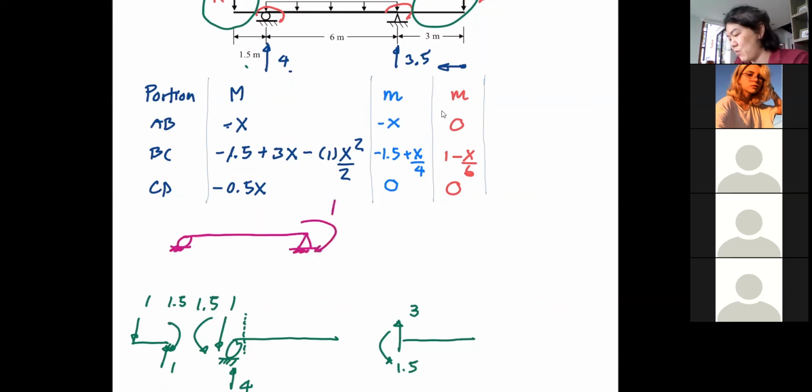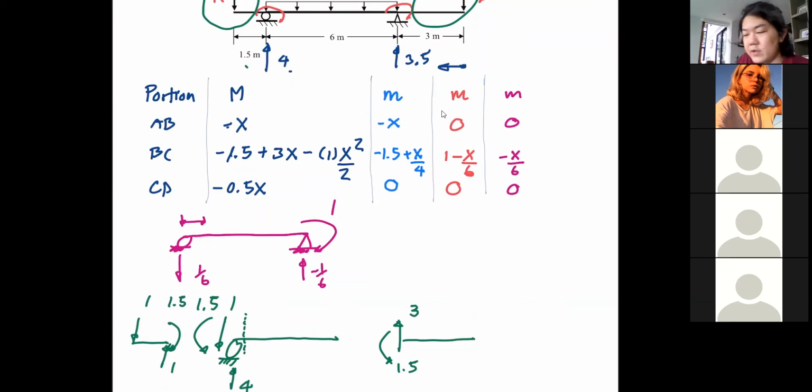And then I have the unit moment here, okay? And this time it's clockwise here. And so I need a couple of 1/6 in this direction instead. So because we write the moment equation from this, so that we are consistent and we can multiply our function, this becomes minus x over 6.